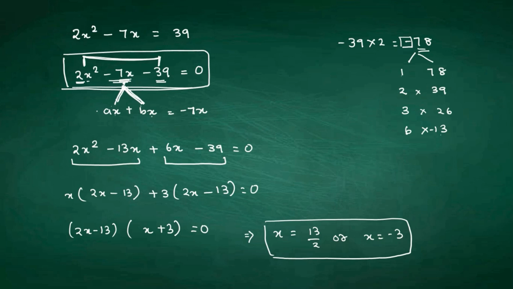So in order to do that, we take the factors of 78 and we test in which case on adding you get 7. So we obtain the result over here that 6 times 13 gives you 78 and minus 13 plus 6 will give you minus 7x, right?